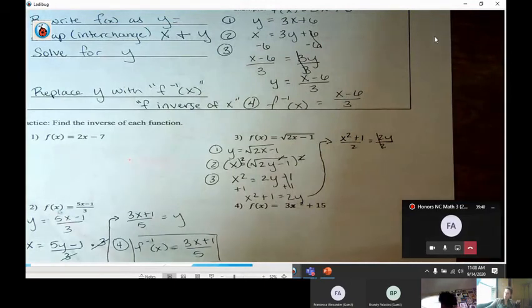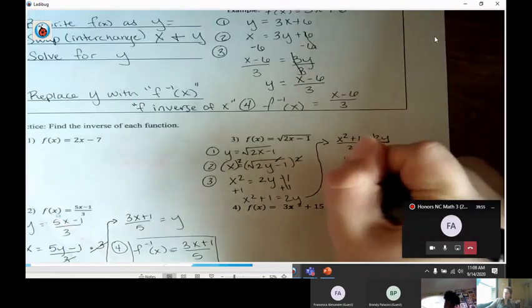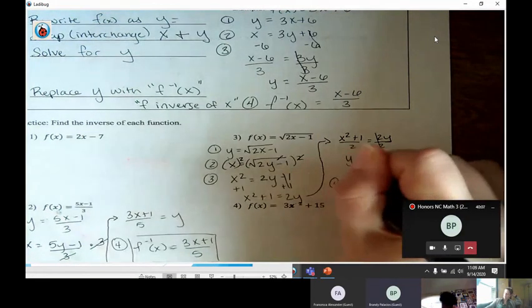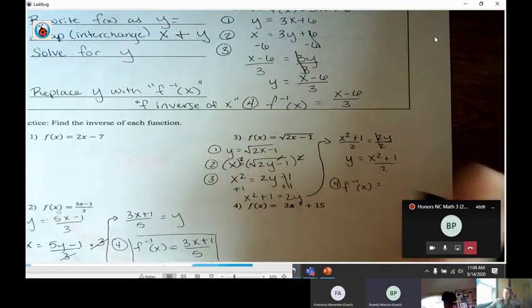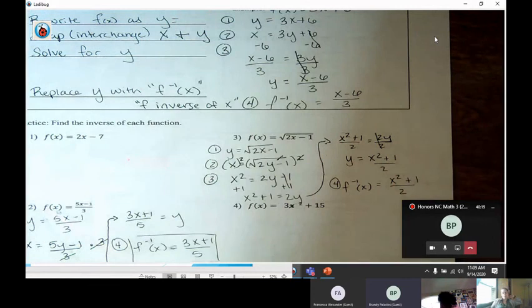So I end up with y equals x squared plus 1 over 2. And then my very last step, Brandy, what am I going to do? You would put f inverse of x. Yeah, you were right the first time, f inverse of x. And then you put x squared plus 1 over 2. Perfect.